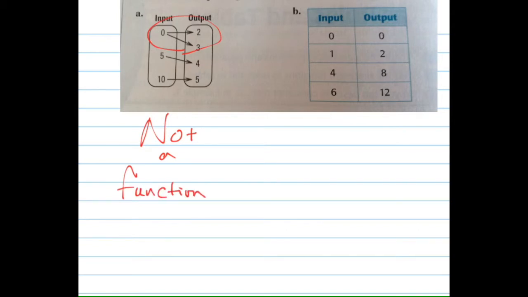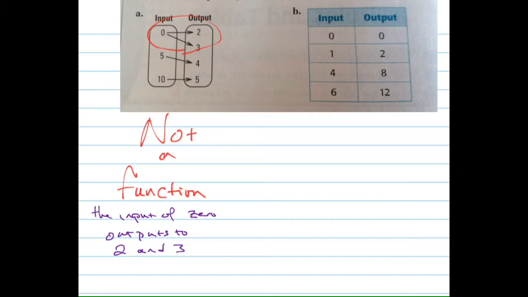Not a function. If they ask you to explain, you would say the input of 0 outputs to 2 and 3.